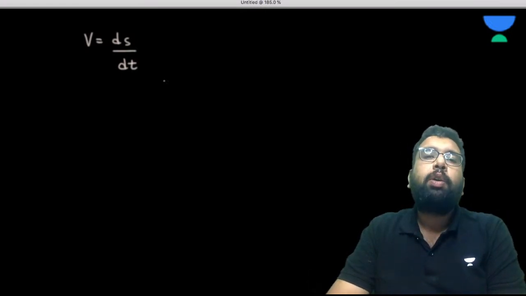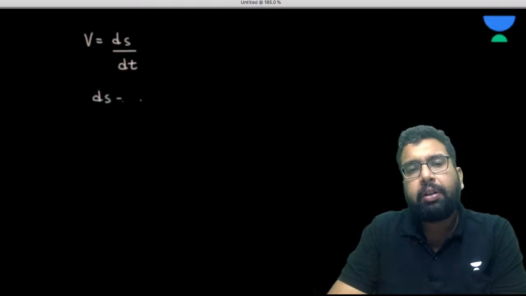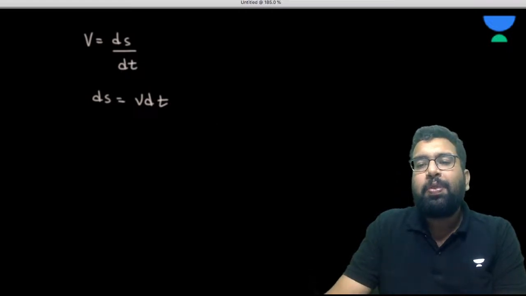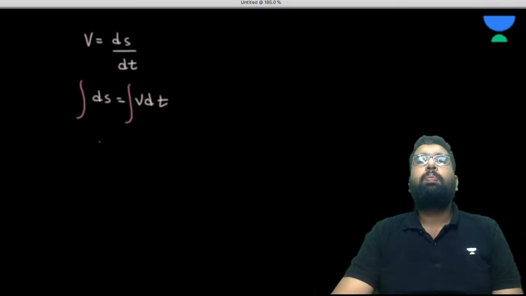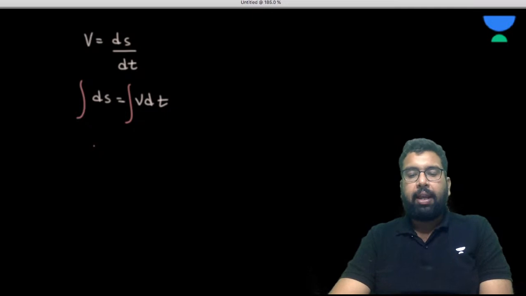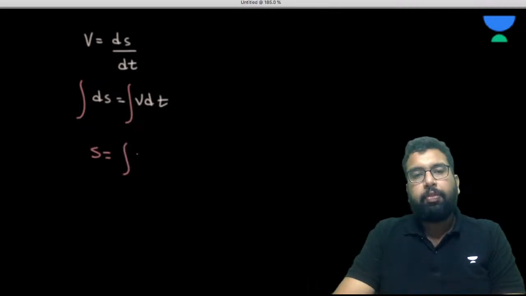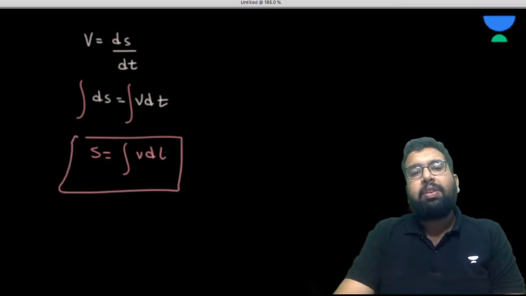Now, can I write this equation as ds is equal to v dt? And if I integrate both sides, can I write that s is equal to integration v dt?